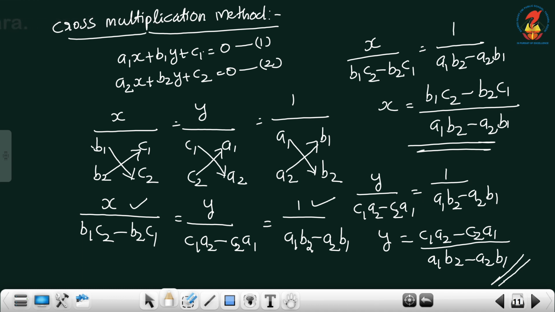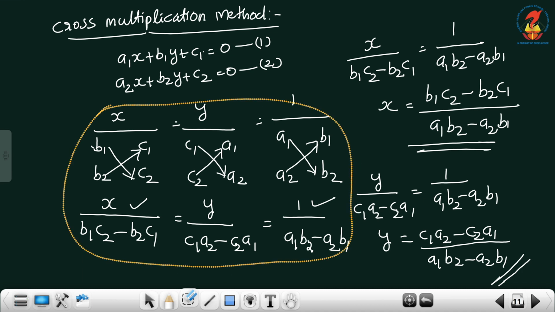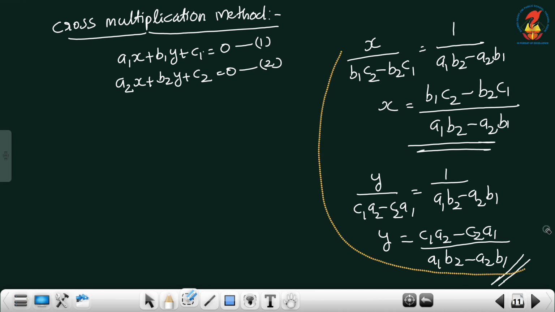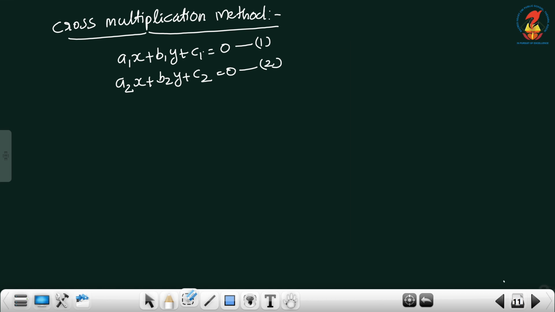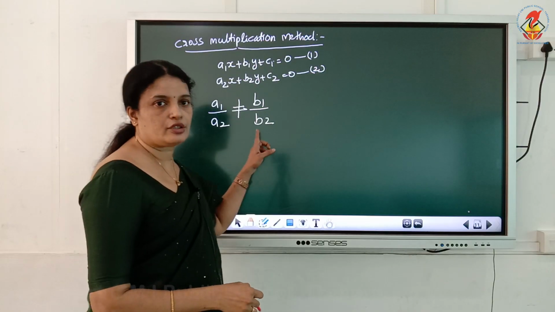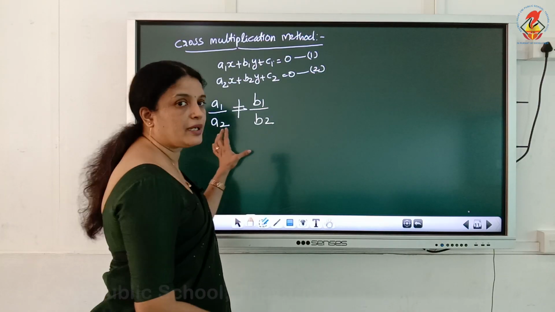Here one more condition is also there. Already learned, a1 a2 not equal to b1 b2. It means a1 by a2 not equal to b1 by b2. Some conditions are there.